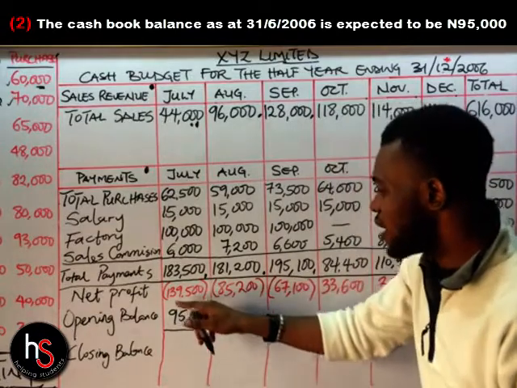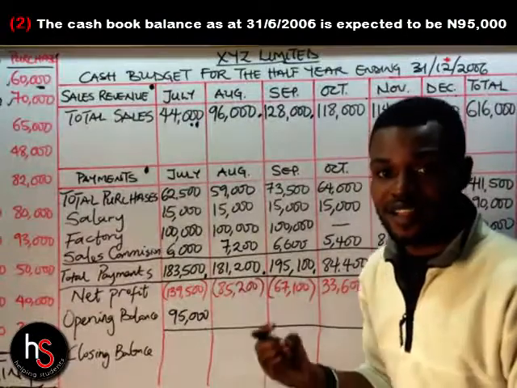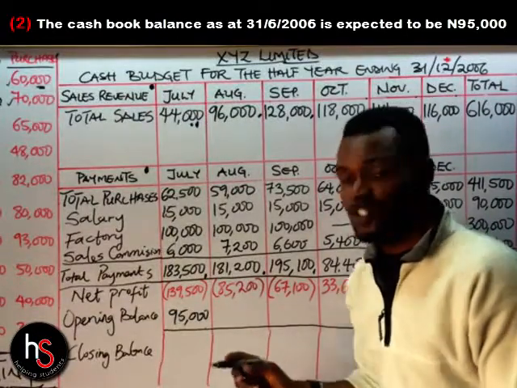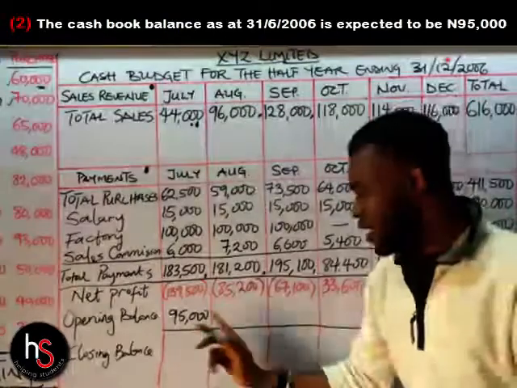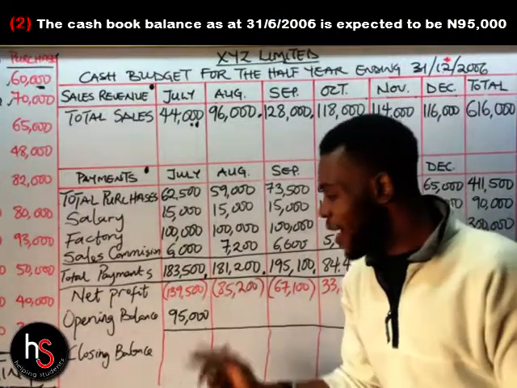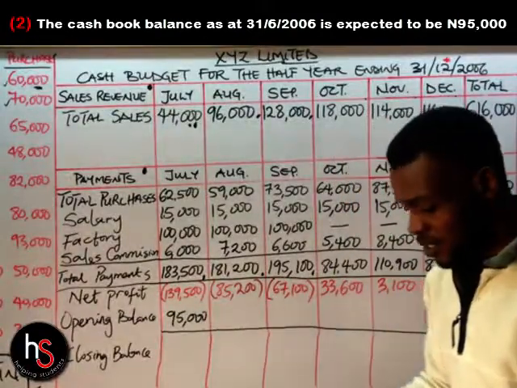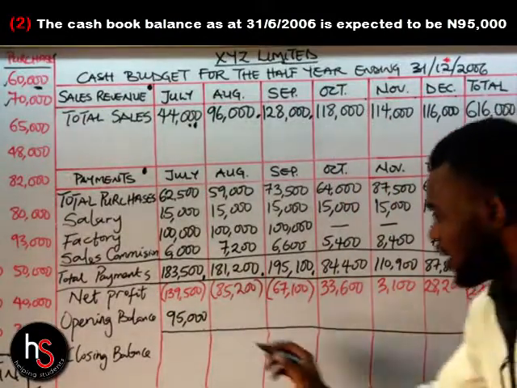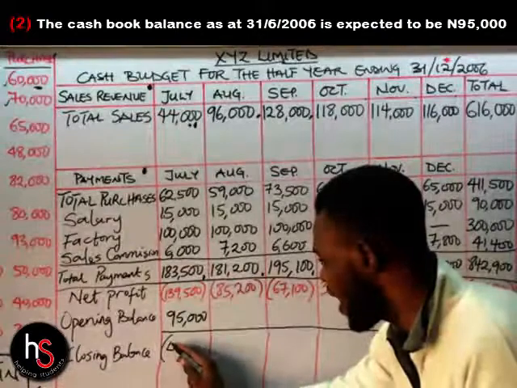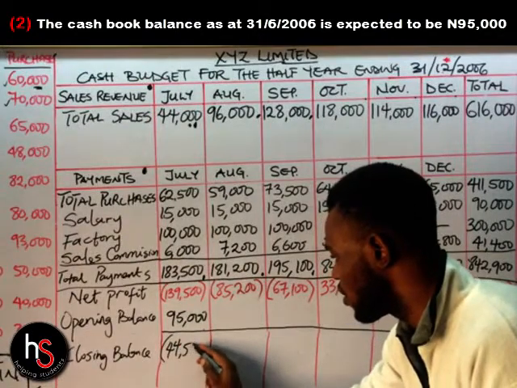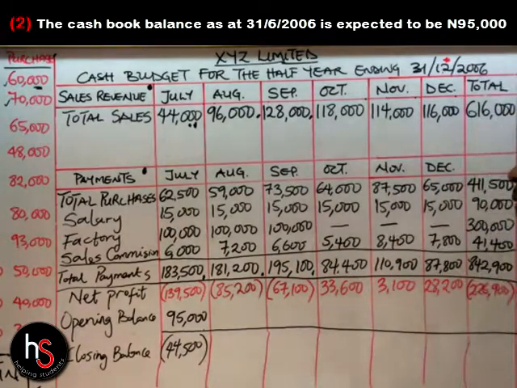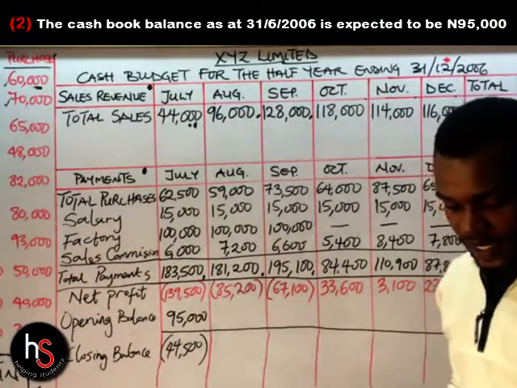So we say minus 139,500 plus 95,000. So it gives us a total of minus 44,500.